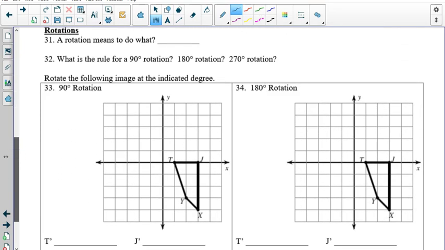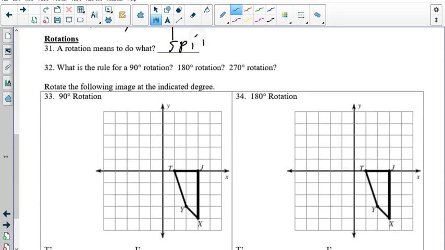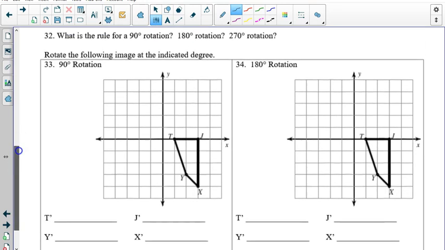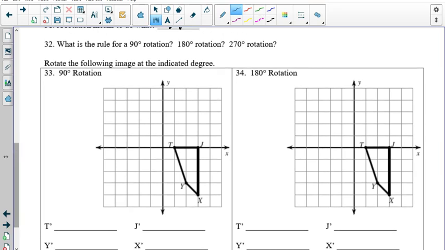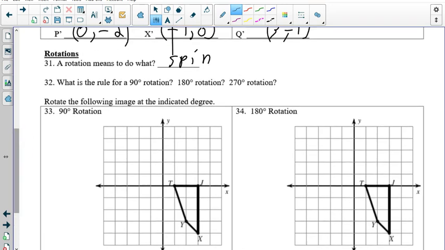Rotation is a spin. So what is the rule for a 90-degree rotation, a 180-degree rotation, and a 270-degree rotation? All right. So I'll write these. For a 90-degree rotation, X, Y: you move the Y to the front and make it opposite, and the X just moves over here.